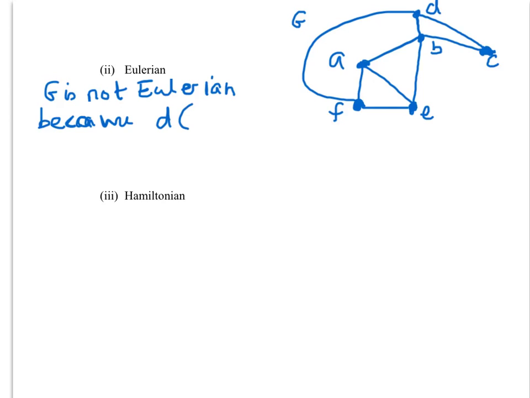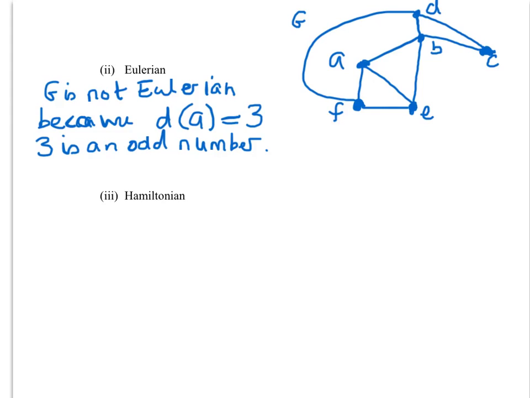the degree of, let's take a point A, is equal to 3, and 3 is an odd number.